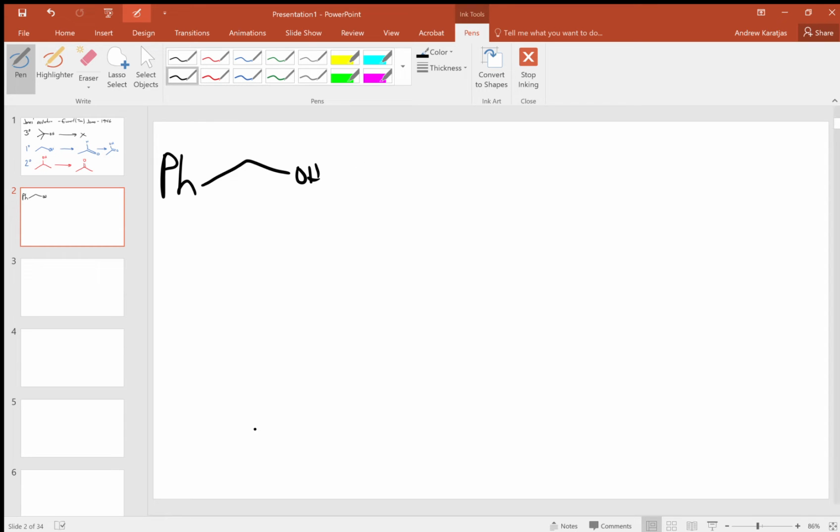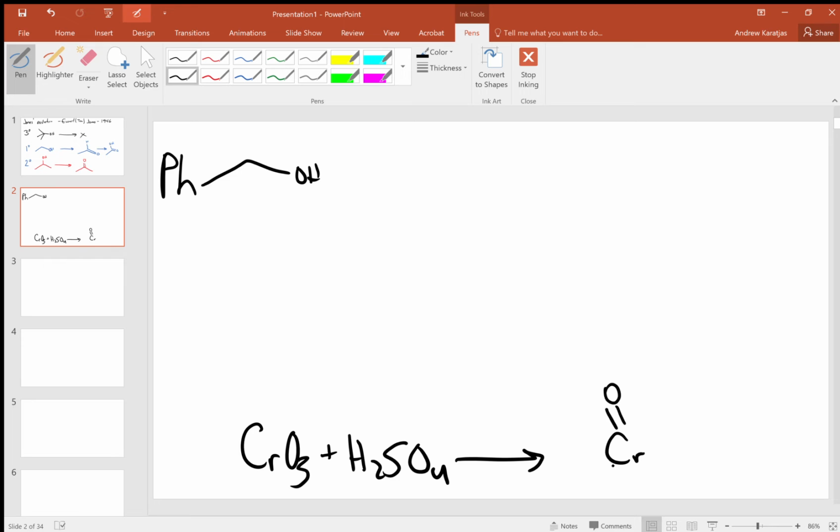Jones reagent comes from a mixture of chromium trioxide and concentrated sulfuric acid in water, and that results in the formation of the reagent that we'll see doing the oxidation, which is this one here.